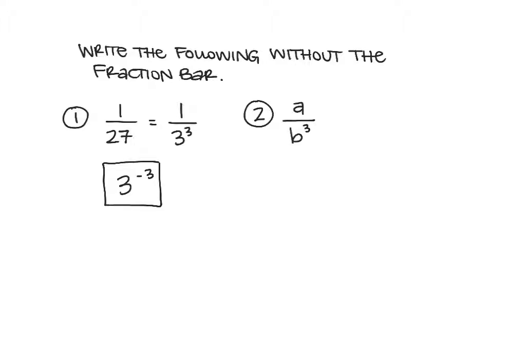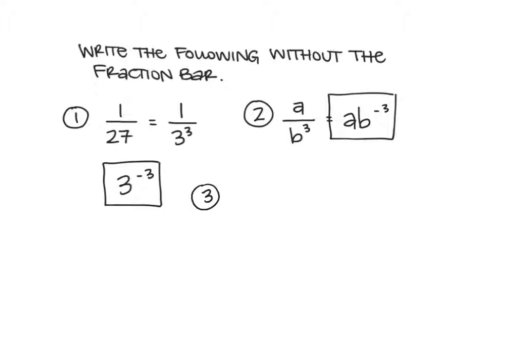It's okay here to have a negative exponent because it doesn't tell you that it has to be positive. Then again, if you look at number 2, we have here a over b to the 3rd power. So if you want to get rid of that fraction bar, you could write this as a times b to the negative 3 power.